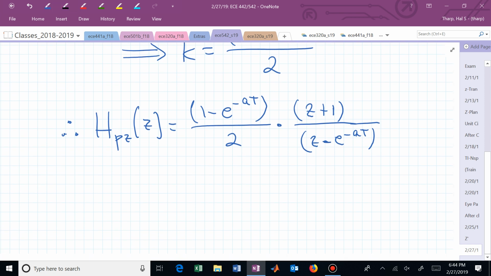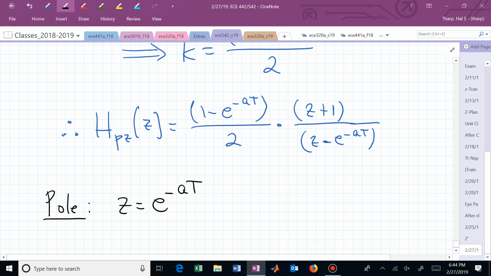Now we already have designed it for this purpose, but let's just double check our thought process. Where's the pole? It's the value of z that causes the denominator to vanish. So that will be z is equal to e to the minus AT. That seems reasonable. That's close to 1. It's on the real axis.